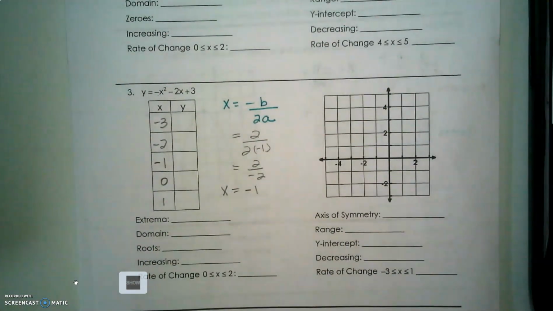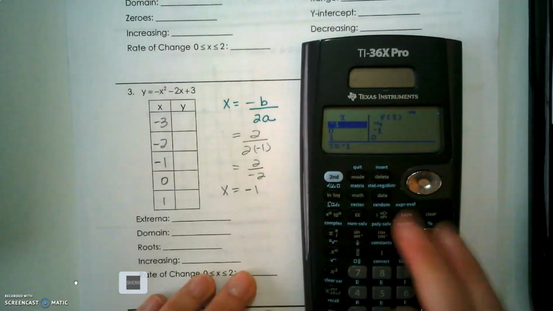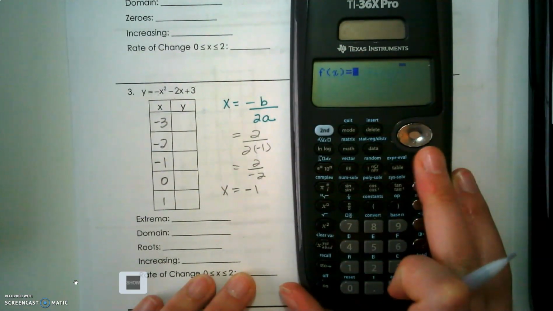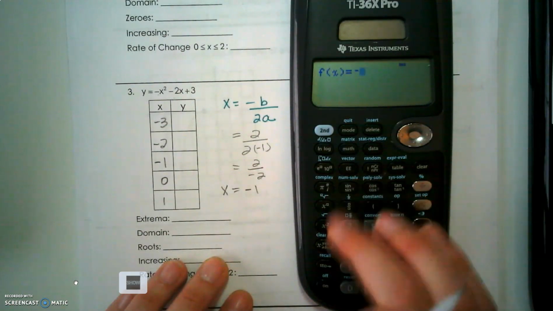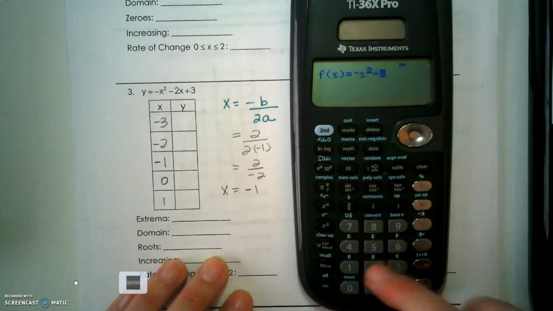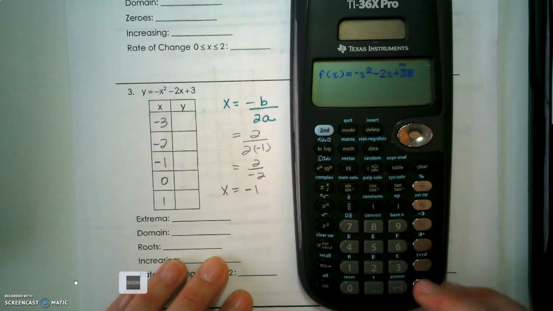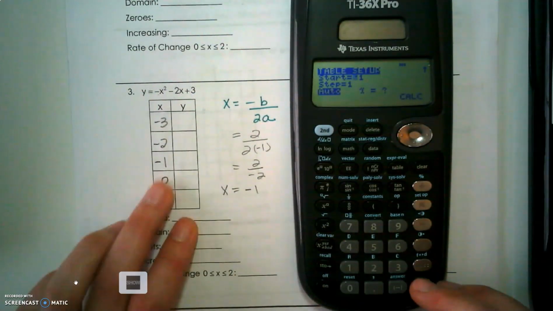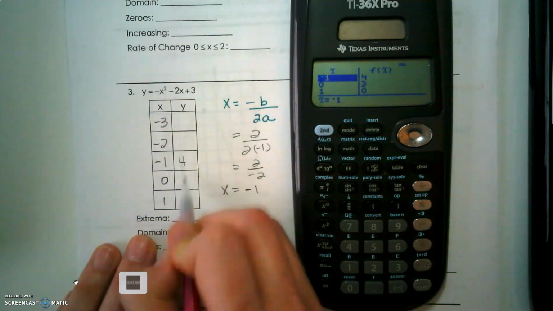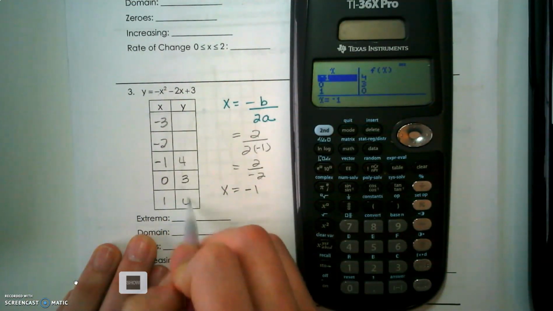And now I'm going to use my calculator again. I'm going to go to my table button, edit function. I'm going to say negative x squared, not plus, minus 2x plus 3. I'm going to start at -1 because that's where my vertex was at. I get -1, 4, 0, 3, 1, 0.